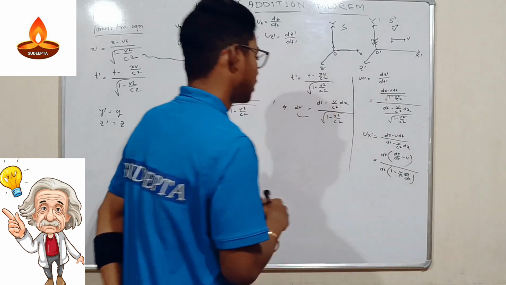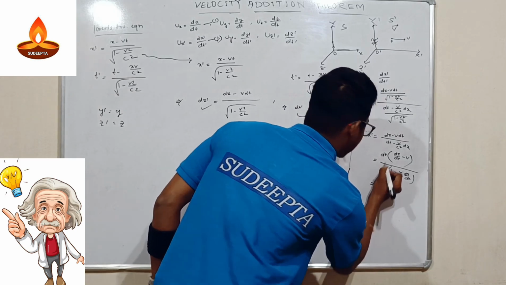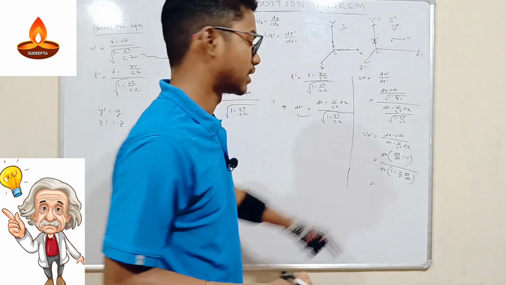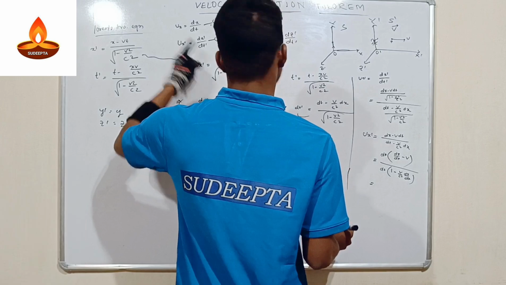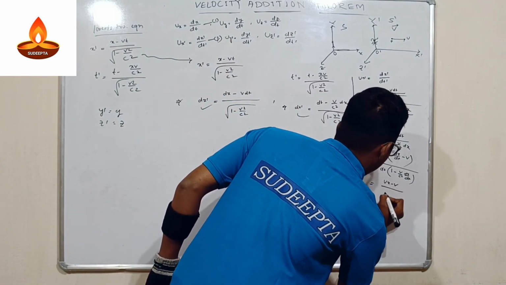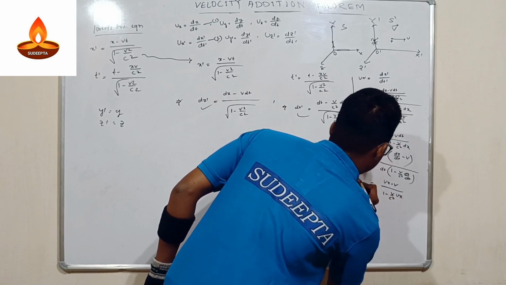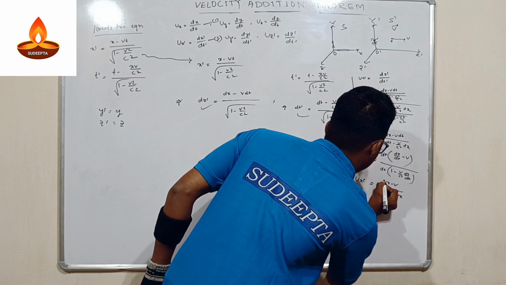Okay, we have found it right now. dt will be cancelled out, upside and downside. So dx upon dt is ux, so ux minus v upon 1 minus v upon c square ux, that is ux dash.